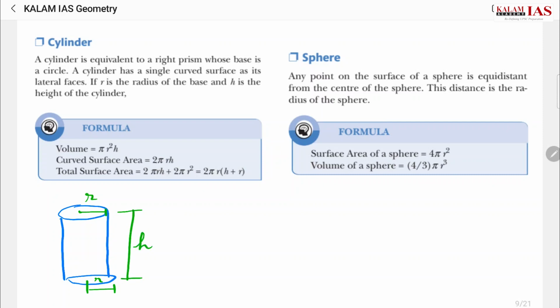So the volume is pi r square h. h and r we have already discussed. The curved surface area, basically this entire surface, is denoted by 2 pi r h. CSA equals 2 pi r h. Curved surface area means the area excluding the top and the bottom surface.